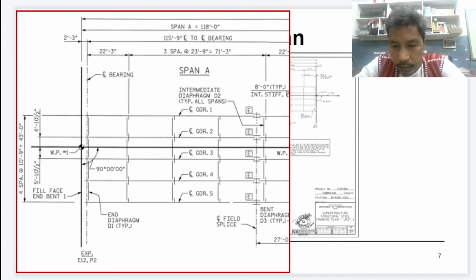I think everybody can see it now. The center line of field splice. Center line of field splice. This is the center line. So, this is the location of splice.